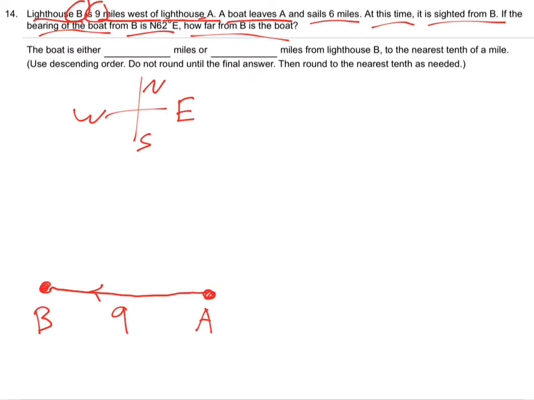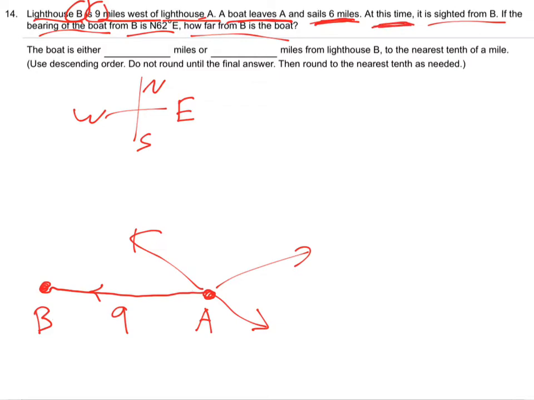A boat leaves A and sails 6 miles. We don't know where. It headed off this direction or that direction. We don't know. Whatever. It went somewhere. After going 6 miles, right, it left A and it sailed for 6 miles in some direction. We have no idea right now.